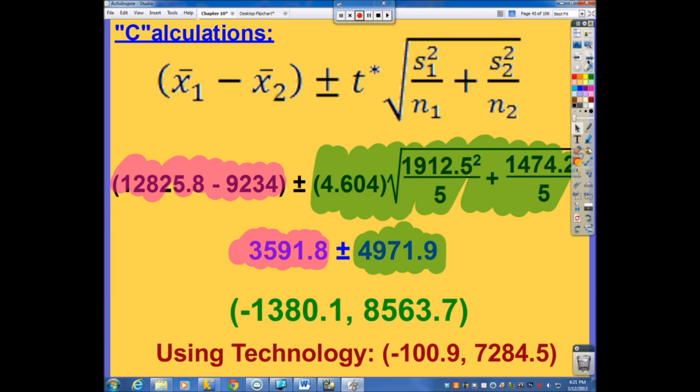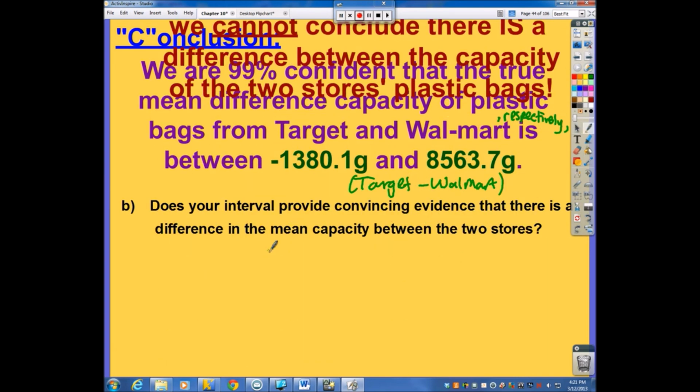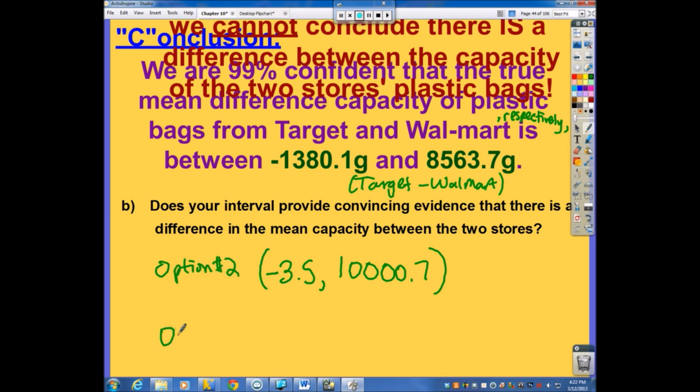Now, let's play a little what if. What if our confidence interval had been like negative 3.5 up to like 10,000.7? And then we're asking, is 0 in this confidence interval? It's barely in there. So let's say this was done with option 2, and that's our confidence interval.